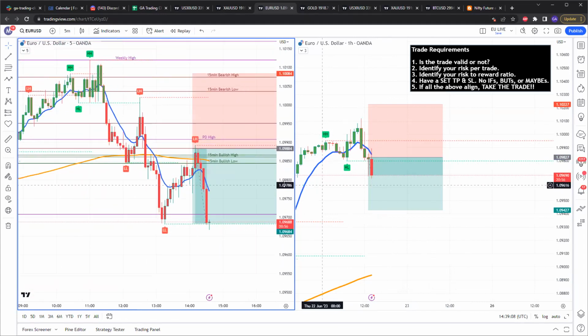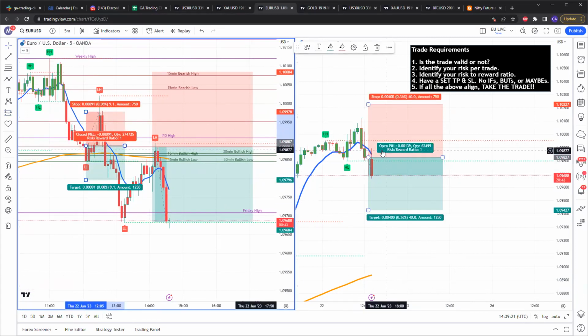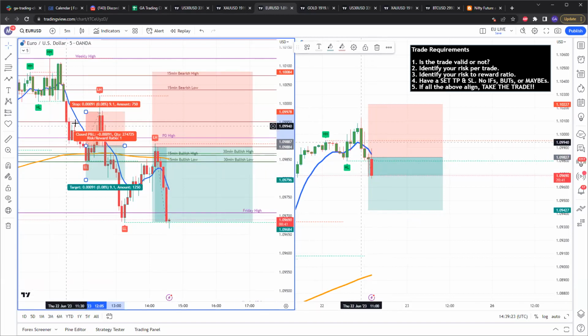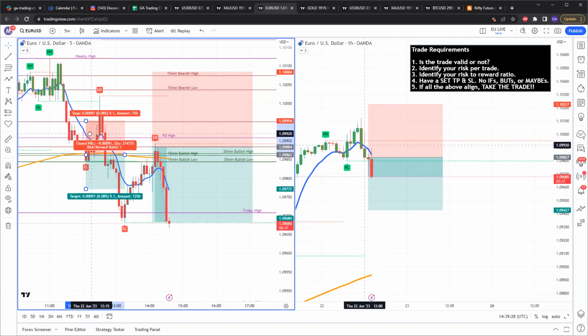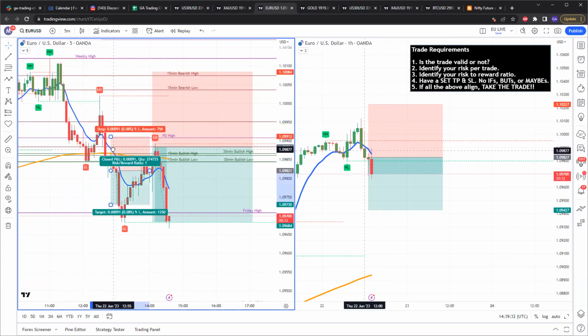So this entry actually came up first. So this was the original entry, somewhere around here, maybe. I think the original entry was 1.09827. So this was the original entry for EU, somewhere around here, 9827.